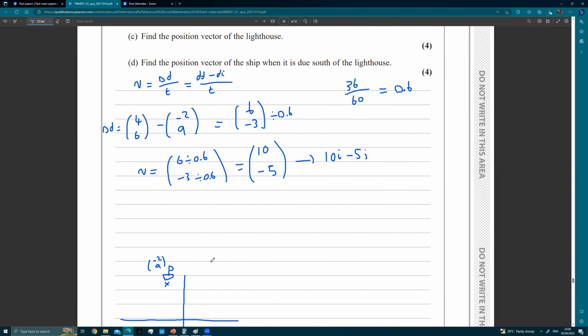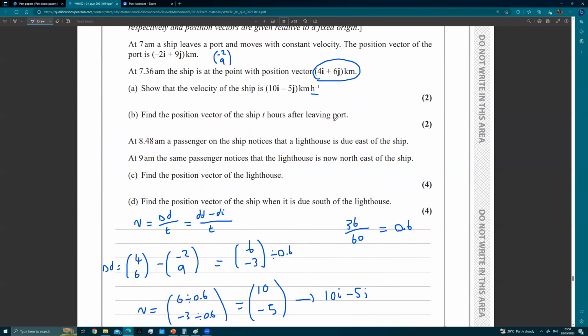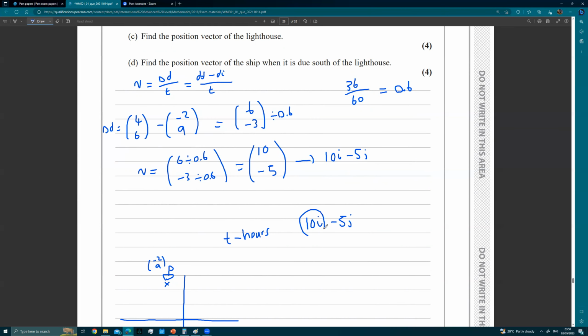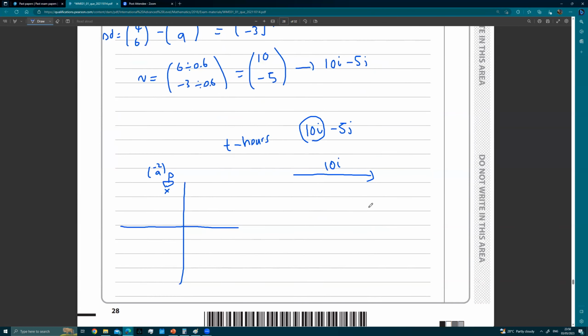And I know that every hour it travels 10i minus 5j, because that's what the velocity vector represents. Because the unit is kilometers per hour, every hour you go 10 kilometers across the i direction, and you also travel 5 kilometers in the negative j direction. So every hour the ship travels this much.